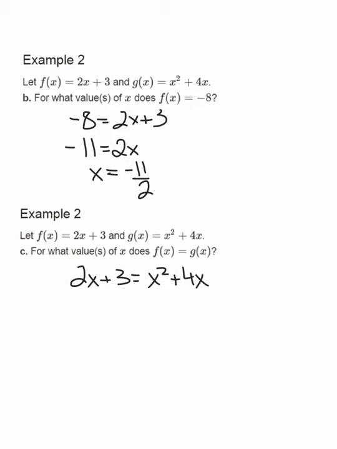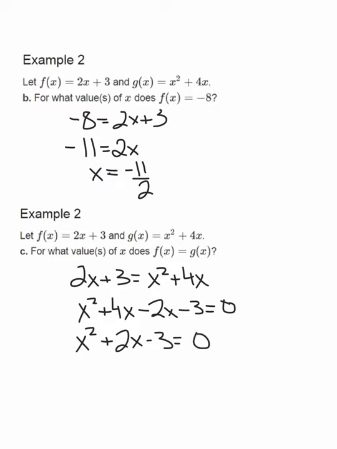So now f of x is equal to g of x, and again we can solve this. Just bring everything over to one side. So we're going to get x squared plus 4x minus 2x minus 3 is equal to 0. Now we can collect like terms. So x squared plus 2x minus 3 is equal to 0.